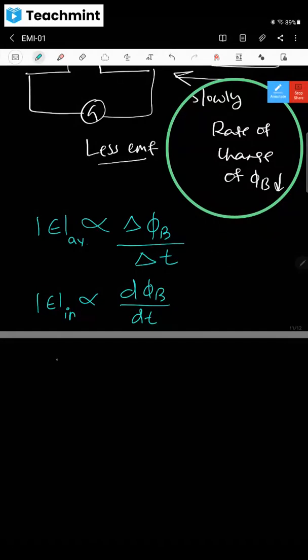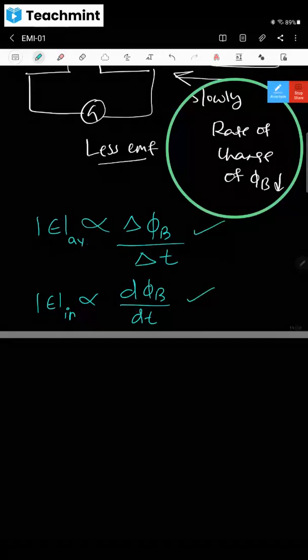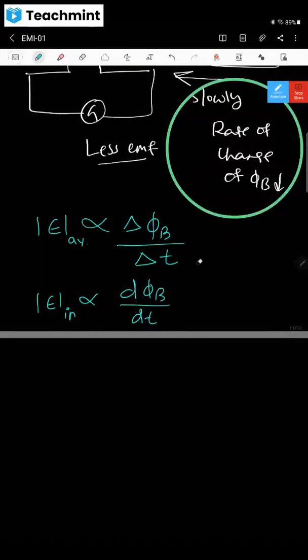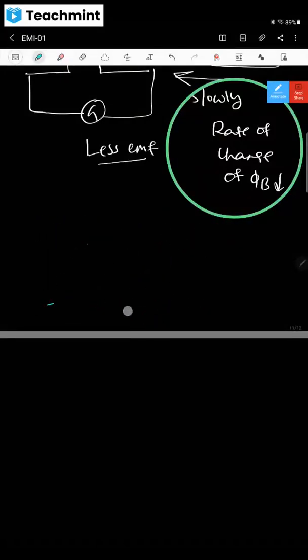Okay, fine. And one more thing we write here. Let's not worry about this E average and En; you can write them or leave them. Generally, we write that the magnitude of this EMF is proportional to delta phi B divided by delta t. To remove this proportional sign, we give N here.